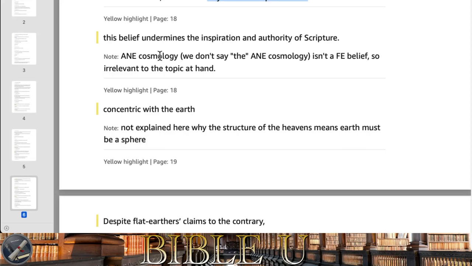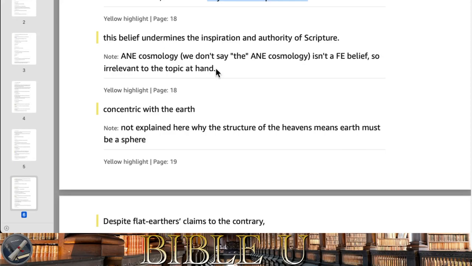Again, this is cherry picking because it's a narrow view of history and cosmology history. So I don't know what point he's trying to make here because, as we all agree, there isn't just one single ancient Near East cosmology. There are similarities among them, of course. But why should the Bible reflect it? Anyway, that's a question for another day.